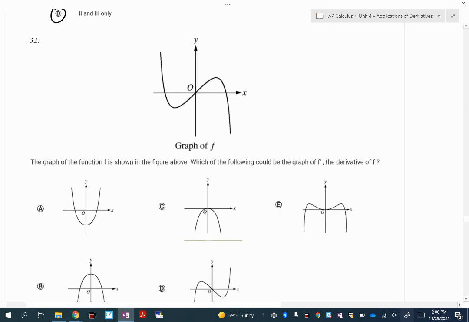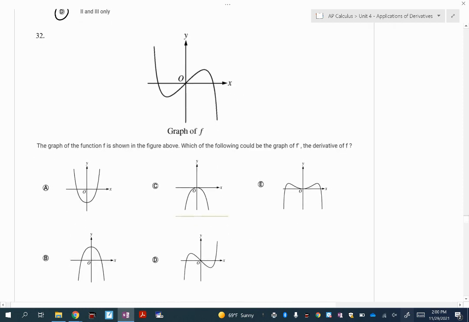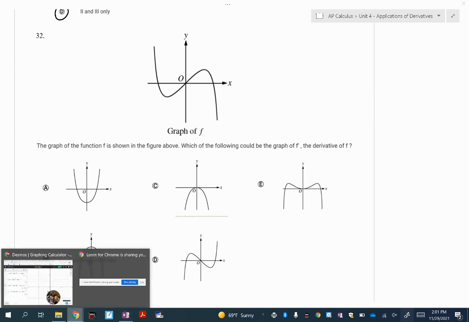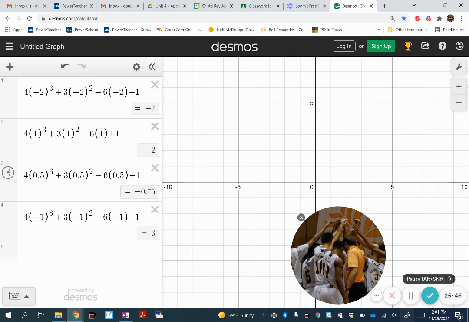Okay, 32. Now 32 gives you the original function, and we're trying to figure out which of these answer choices could be the graph of the derivative. The way that I always do this is I take any point and find the derivative using the slope of the tangent lines.